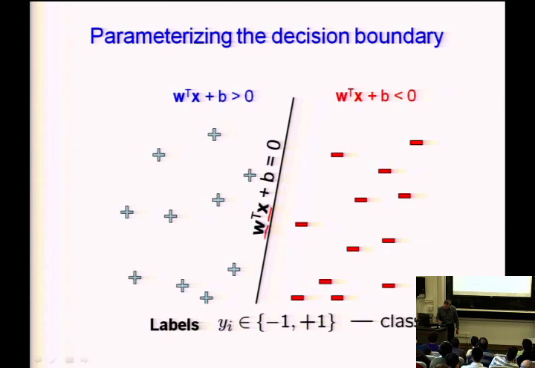And given any x, any point in this plane that we're looking at, if the value of that function is positive, we're going to call it a positive example. If the value of the function is negative, we're going to call this a negative example. And it's a linear function. So that is the framing. It's just a simple way of setting up classification as thresholding a continuous function that we're computing.